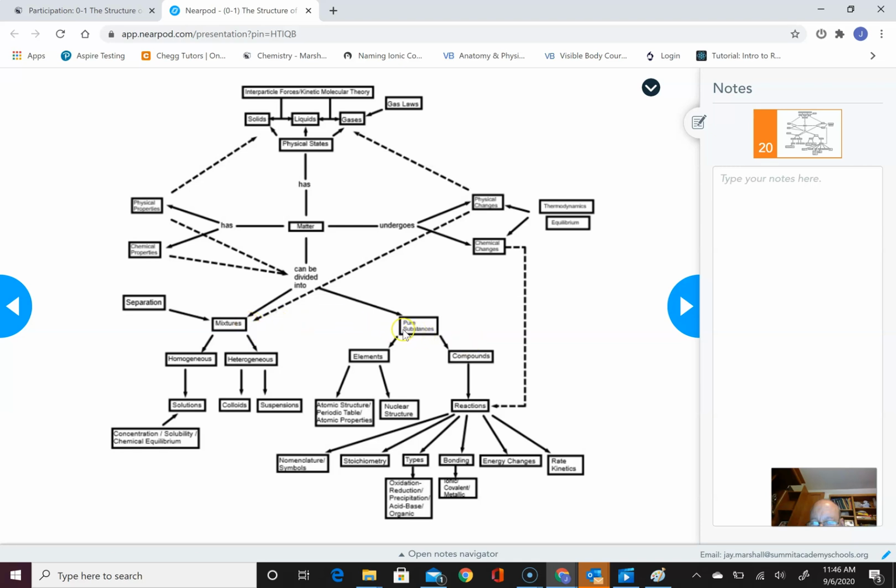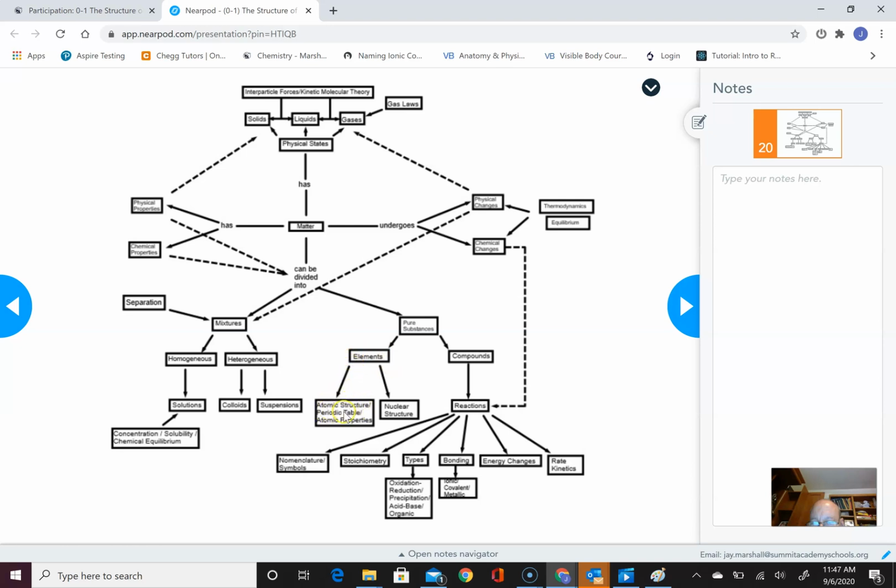And then when I look at pure substances, I can say I only have two choices. I've either got substances of one type of atom, which are elements. I've got substances of more than one type of atom, which are compounds. And now when I think about the elements, what things am I going to pay attention to?